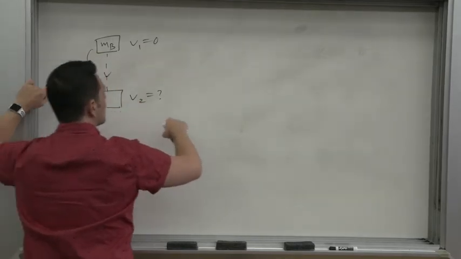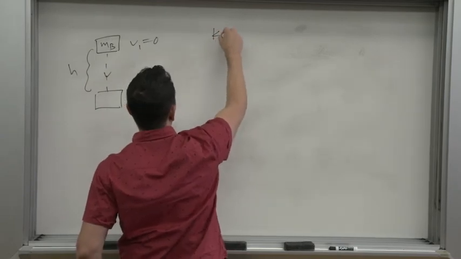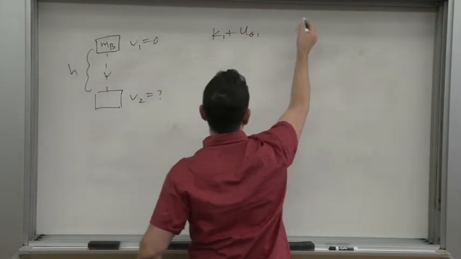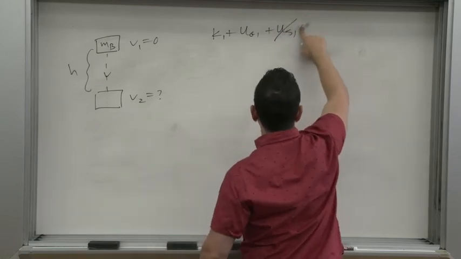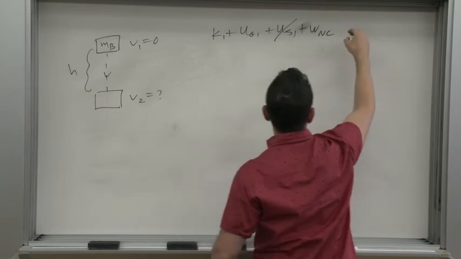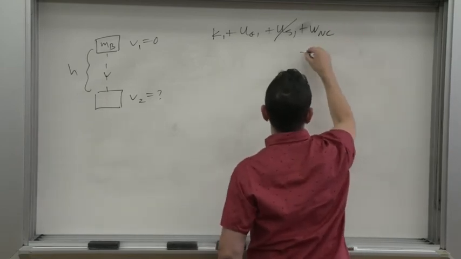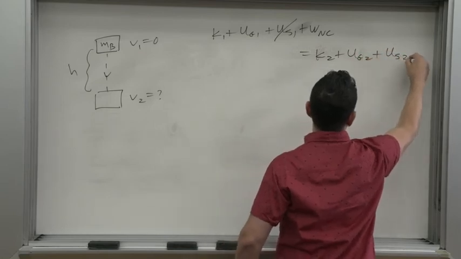This is H. So what do I get? I get initial kinetic energy, K1 plus UG1 plus US1. Okay, that's 0. Now I know that this has to be work non-conservative is equal to K2 plus UG2 plus US2.